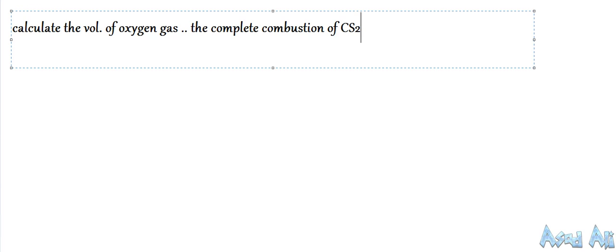Remember that is carbon disulfide. Calculate the volume of CO2 and SO2 produced as well.